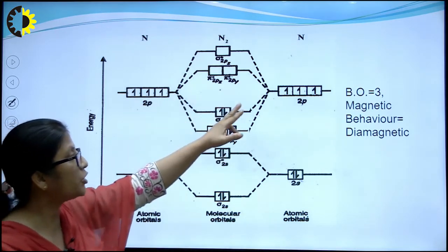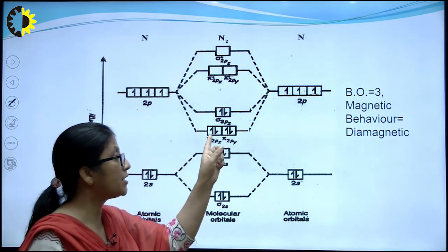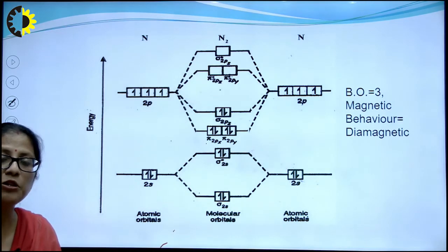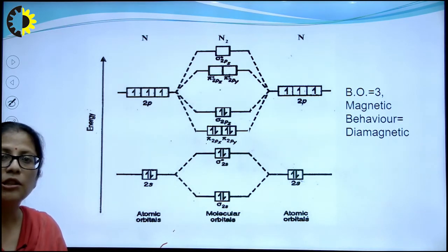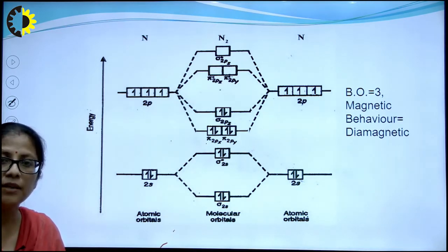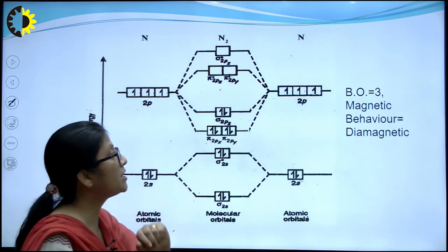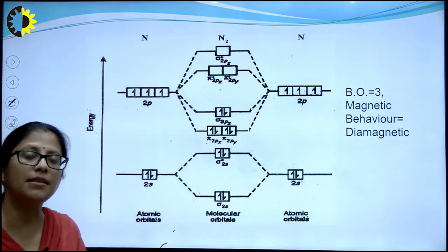The next 2 electrons will again enter into first pi 2px and then pi 2py, because pi 2px and pi 2py are of the same energy. So, they are going to be singly occupied first and only then the pairing will take place. And the 2 electrons which are left are going to be filled into sigma 2pz.